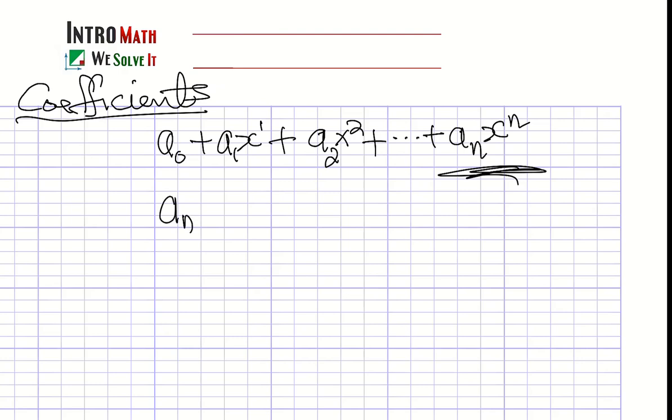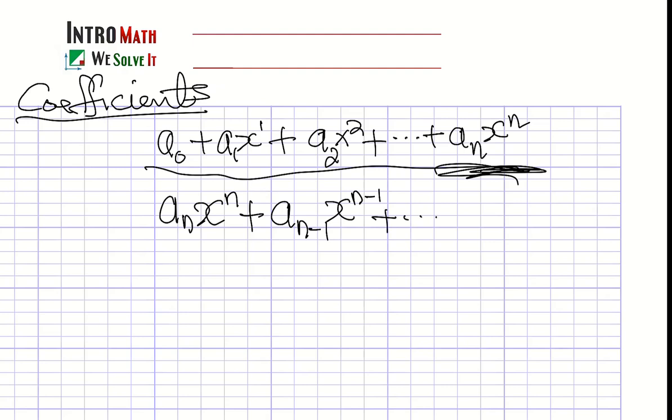I can write it as x to the n. See, they went down this way. I can go up with the terms. The highest degree is right there. You write that first, and then you write the next one, x to the n minus 1, like that.